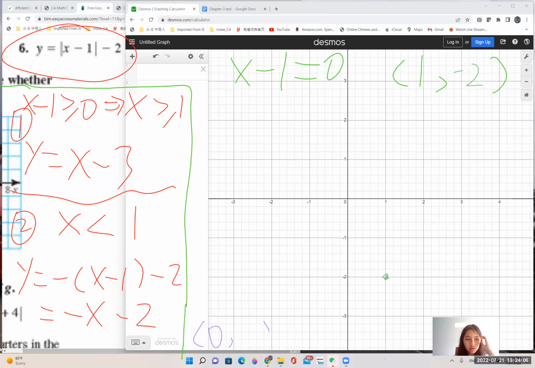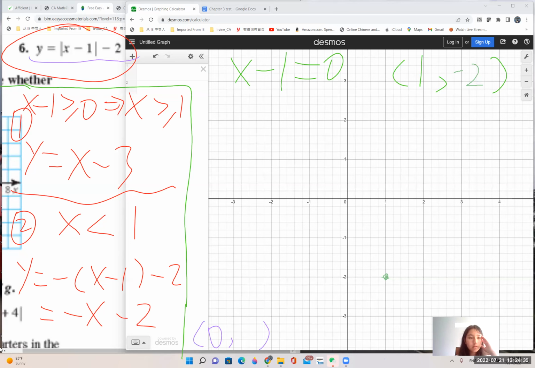So tell me, when x equals 0, y equals what? Could you fill here? When x is 0, what's the corresponding y? This is the equation or formula.